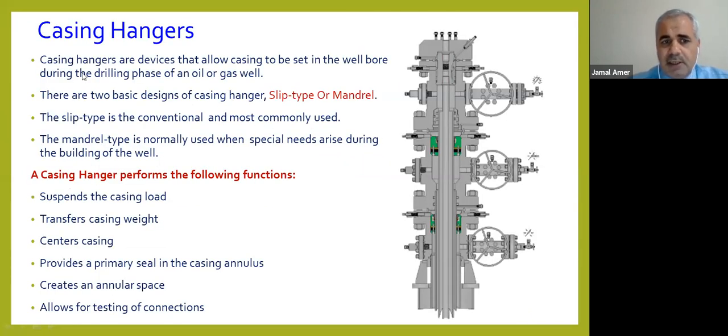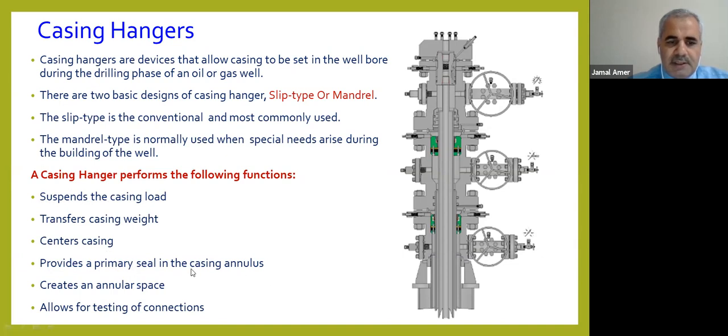Here we see the casing hanger. The casing hangers are the devices that allow casing to be set in the wellbore during the drilling phase. Casing hangers suspend the casing load and transfer casing weight, centralize the casing, and provide the primary seal.